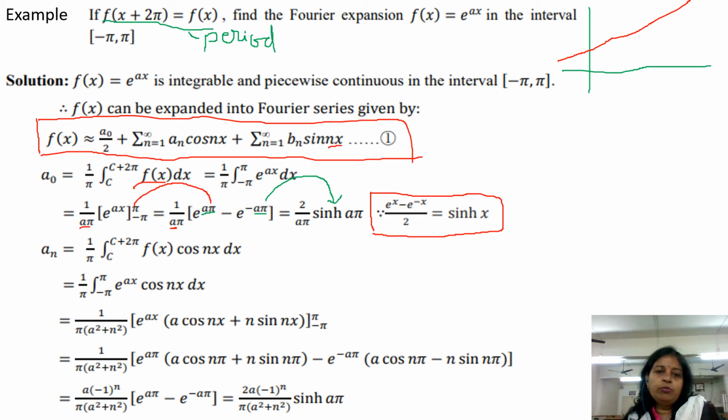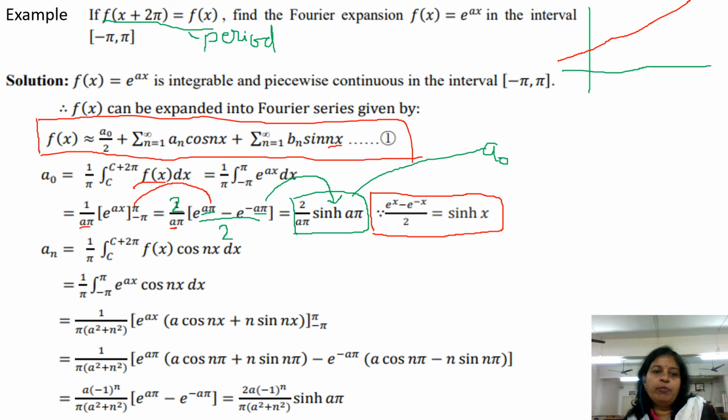To adjust the 2, we will multiply and divide by 2 to get the formula of sine hyperbolic of ax. So now we got a0 as 2 upon a pi sine hyperbolic a pi. This is your a0.